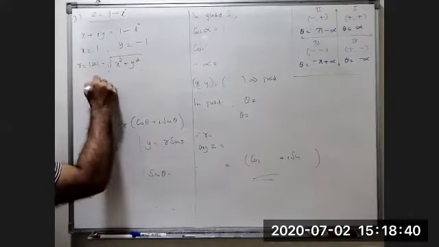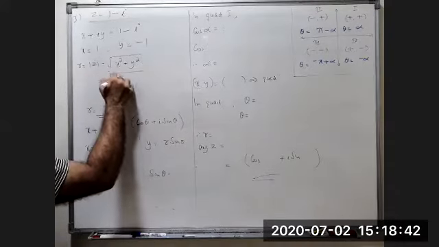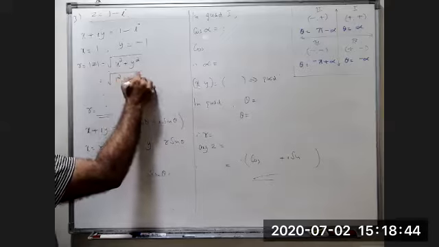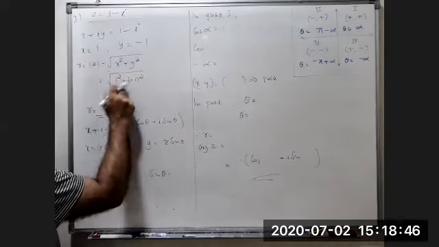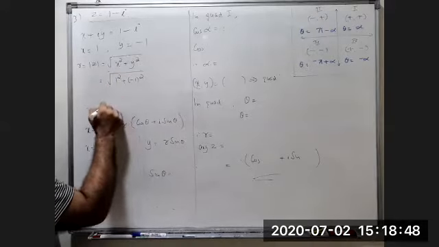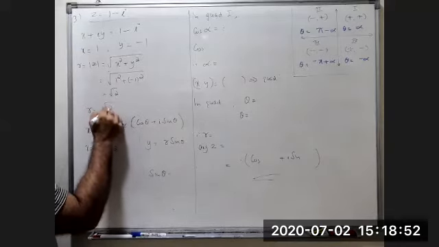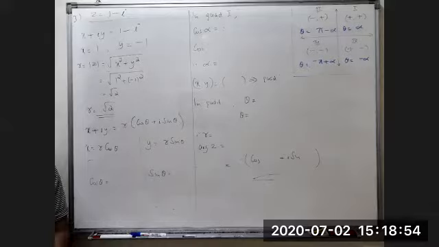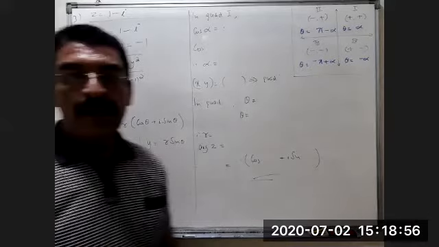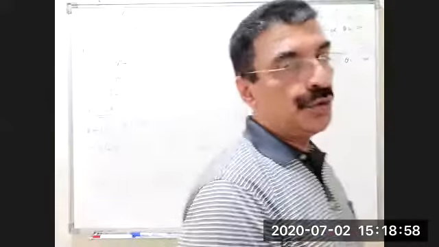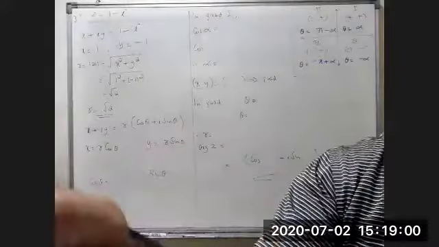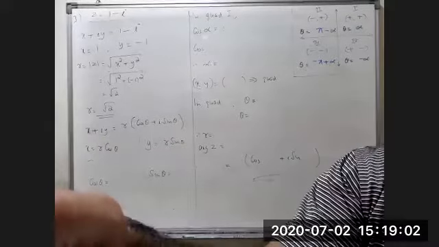So r becomes root of 1 squared plus minus 1 squared, that is 1 plus 1, which is root 2. So r is equal to root 2.